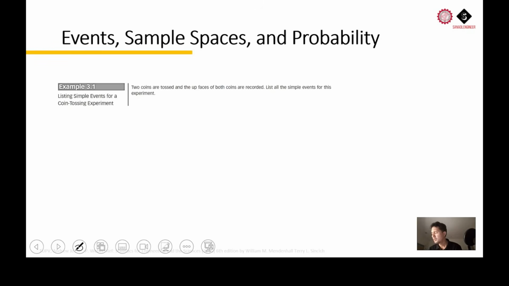Okay, so events, sample spaces, and probability. What are these terms? First, we need to define what we mean by observation or measurement, and experiment.